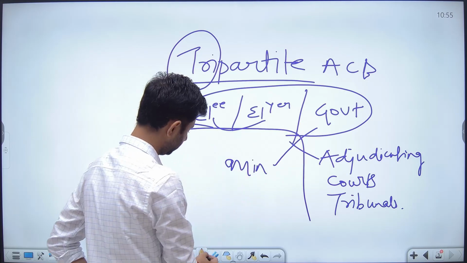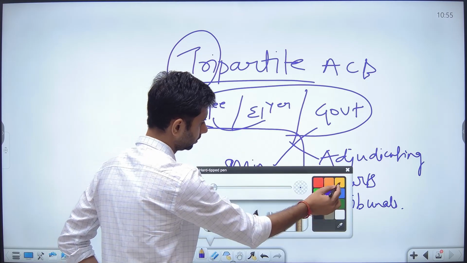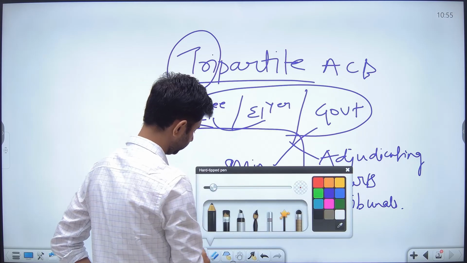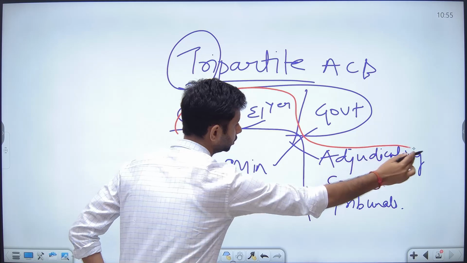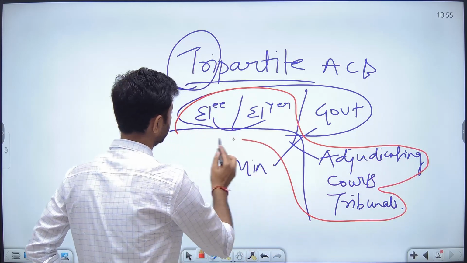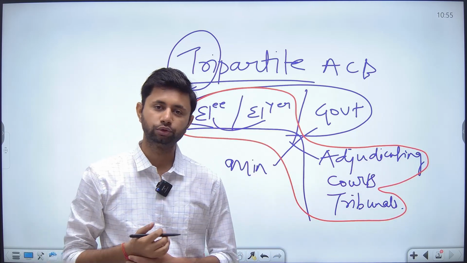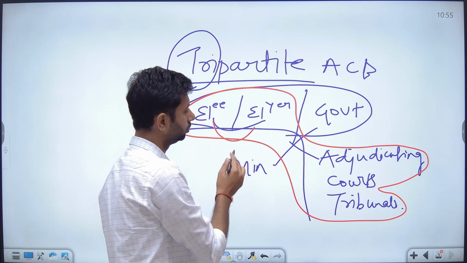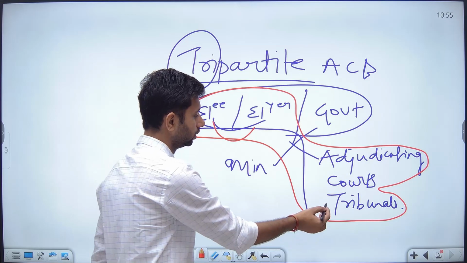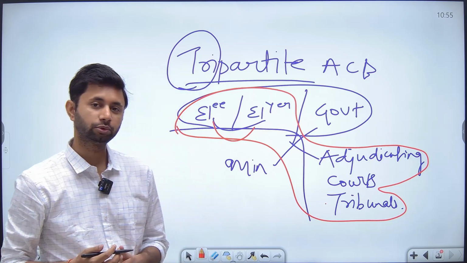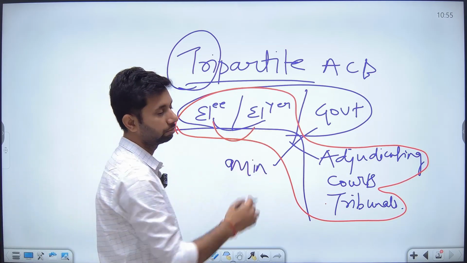Another approach can be when employee, employer, and an adjudicating authority are involved in negotiation. Suppose they both have some issue with a particular provision, this authority can interpret that provision and give clarity to these two parties.